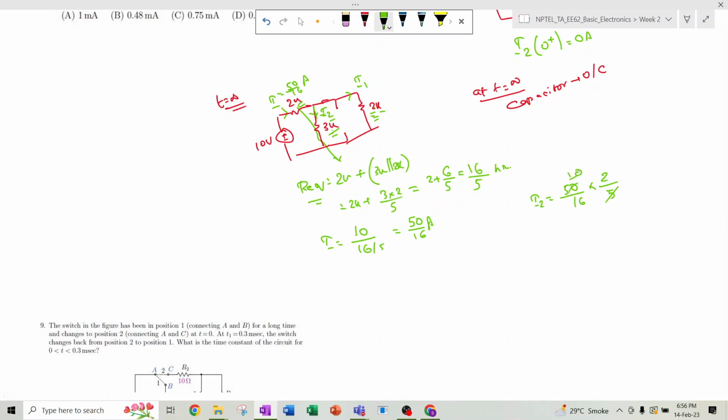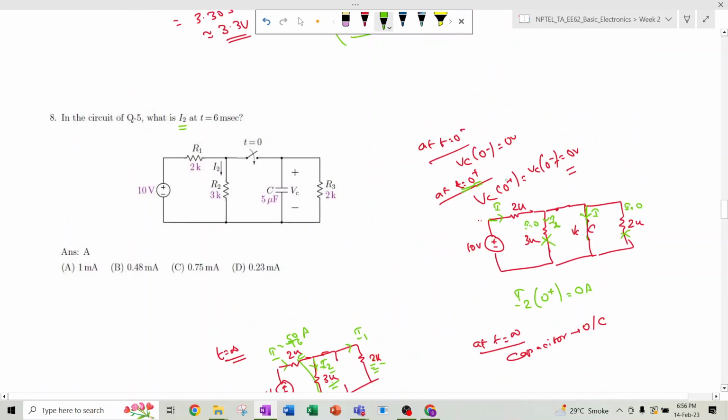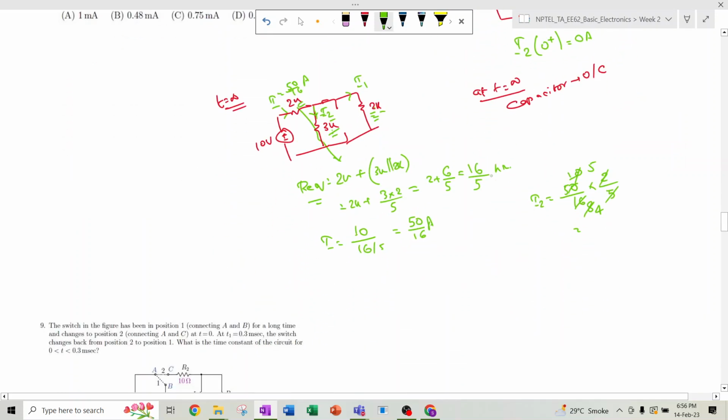So this comes out as 5 by 4. Calculating this, 5 divided by 4, it is 1.25 milliampere. So the I2 at time t equal to infinity is 1.25.